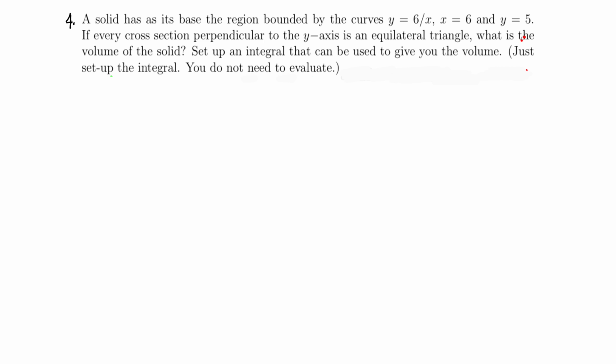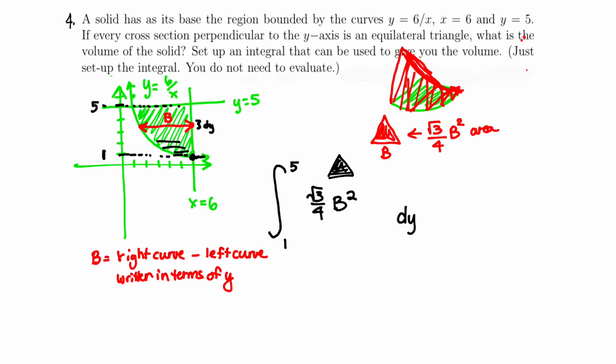If you can't see it, y equals 6 over x. And because I'm written in terms of y, that means my equations have to be x equals something. So notice, your right curve is x equals 6, and what's my left curve?